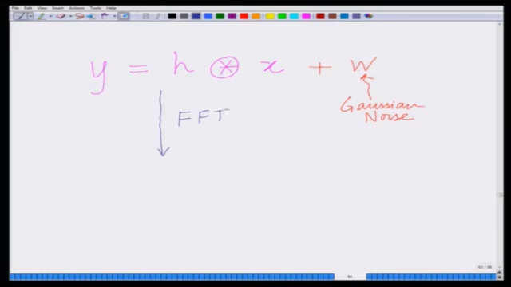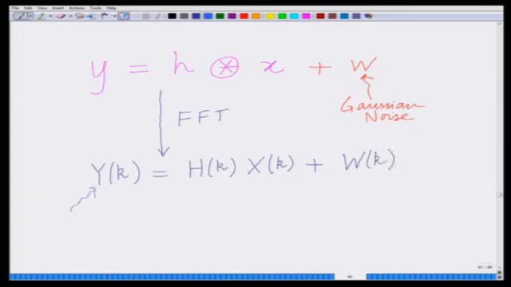Now once we take the FFT at the receiver, remember, in OFDM we take the FFT at the receiver, we have Yk equals Hk times Xk, where Xk is the symbol on the kth subcarrier, plus, since the FFT operation is a linear operation, plus Wk, where Wk is the FFT of the noise.